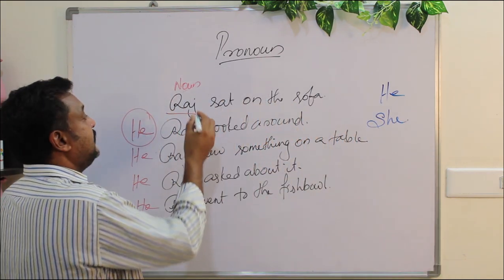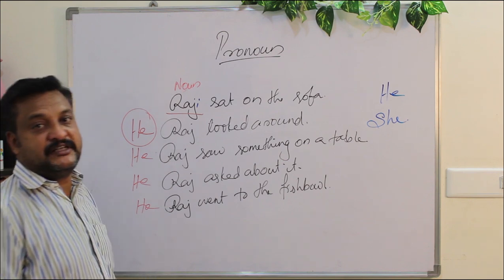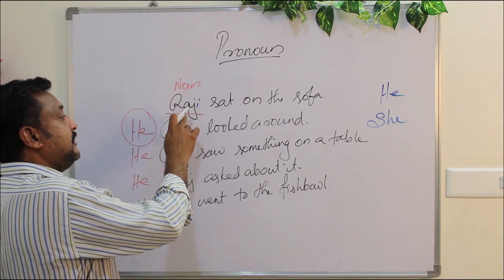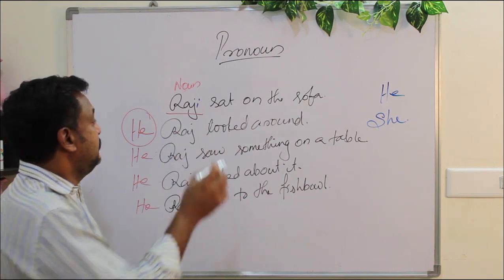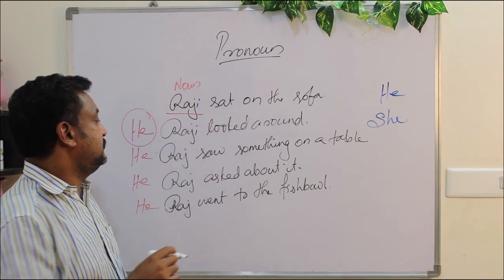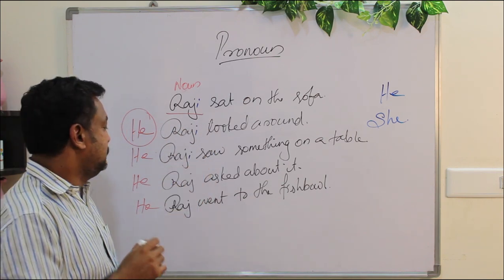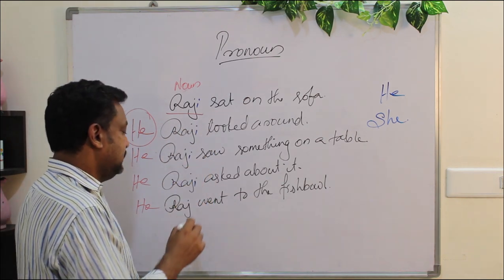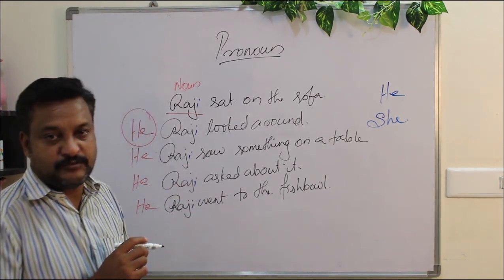If it is Raji, for example, we say Raji sat on a sofa, Raji looked around, Raji saw a table, Raji asked about it, Raji went to the fish bowl.